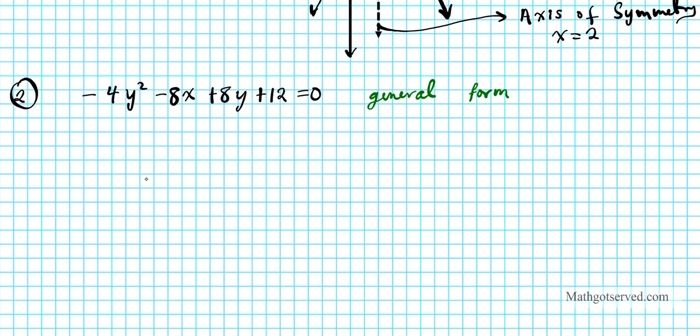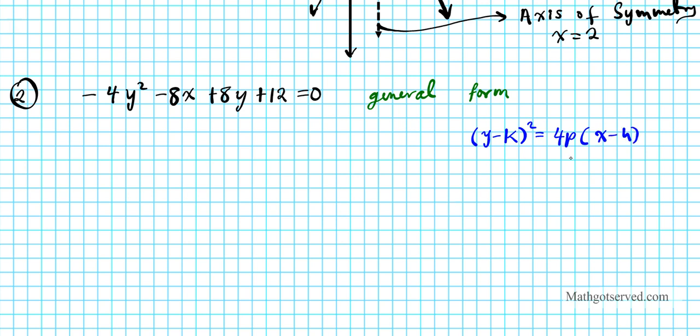For the standard form of the equation of a parabola, let me write it on the side, just for reference. The square is always on the left side, so it's basically (y - k) squared = 4p(x - h).